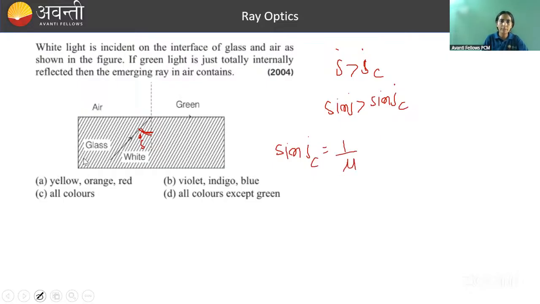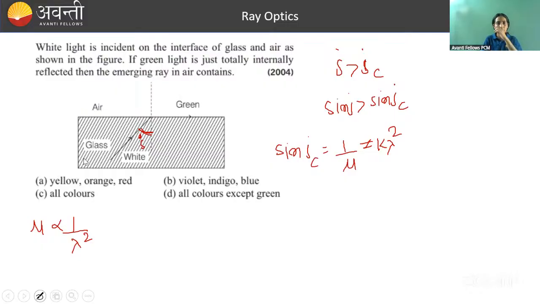And you know 1 by mu is, just now I said mu is directly proportional to 1 by lambda square. So 1 by mu is directly proportional to lambda square. So this I can write as k lambda square. Okay. So if I write here, sine I is greater than sine IC, and sine IC has to be what?